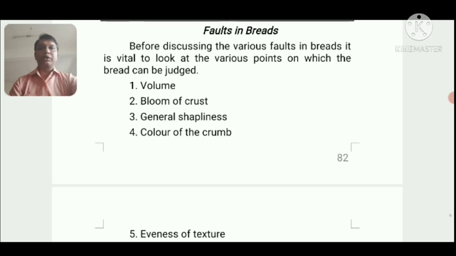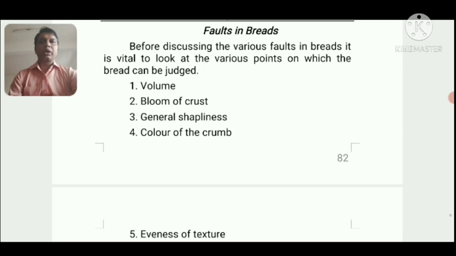So it is very important when you start making bread that all the vital steps and all the ingredients are cross-checked thoroughly, and then the steps followed very quickly. Any disturbance in anything will lead to defective breads.